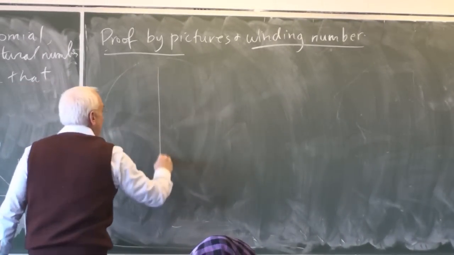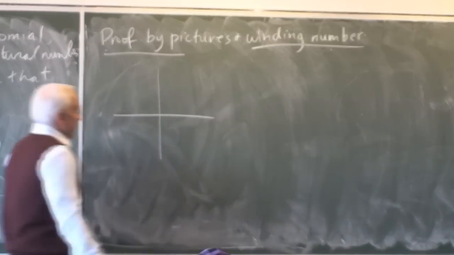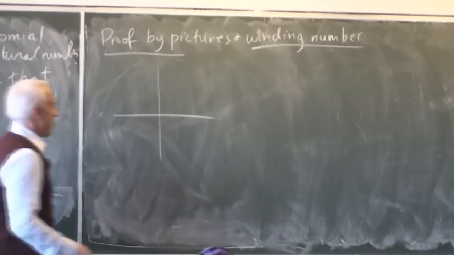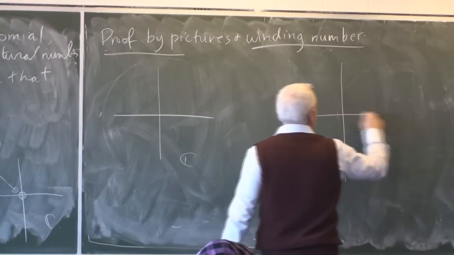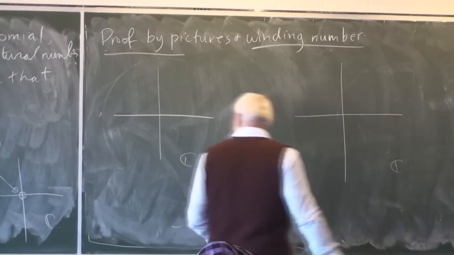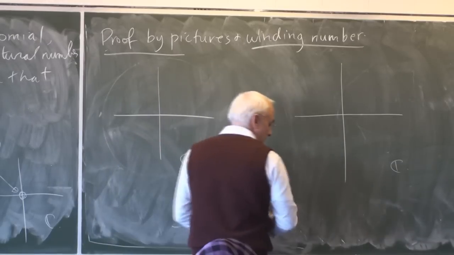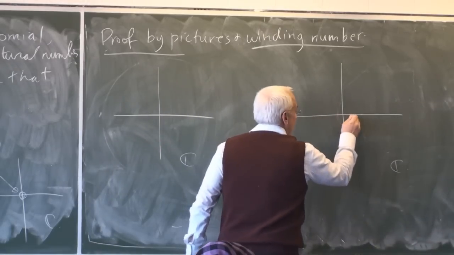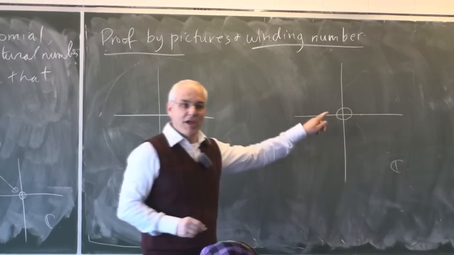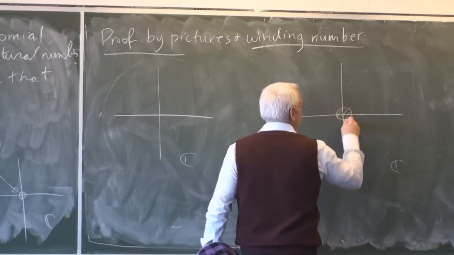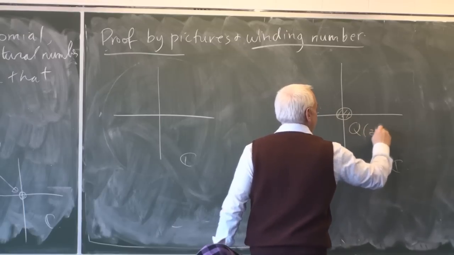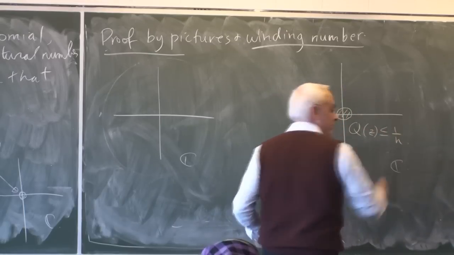So we'll think of our polynomial, just like over there, as mapping from C to C. And we're going to get our friend to draw our little circle there of quadrance less than or equal to 1 over n. So this is quadrance of z less than or equal to 1 over n.